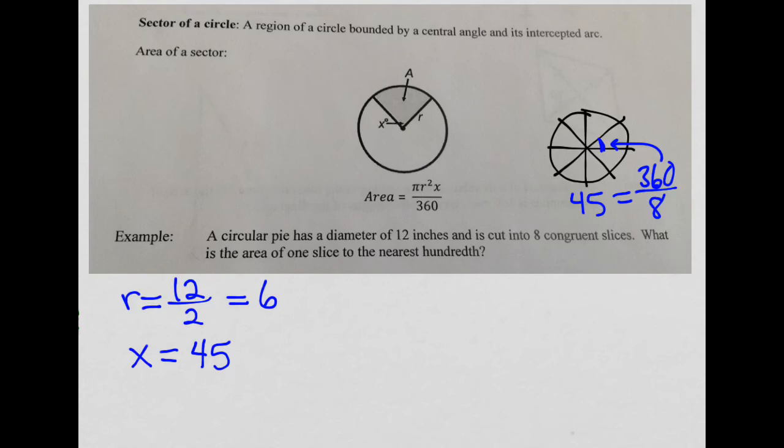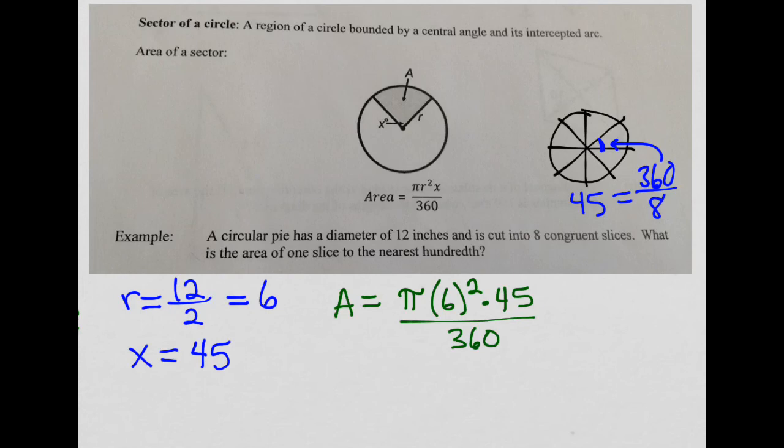Okay, now we should be able to plug it into our formula. So the area of the single slice of pizza is pi r squared, so 6 squared, times x, or 45, divided by 360. Alright, so I'm just going to plug that all in at once.